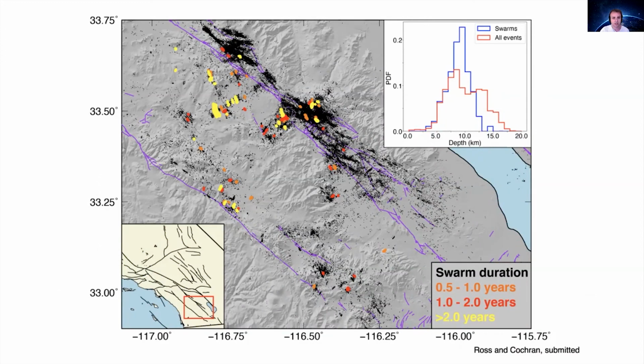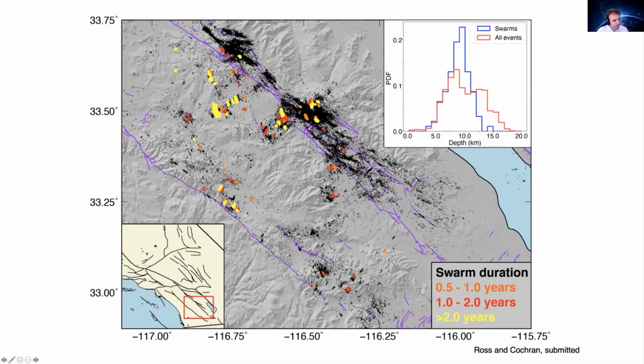They're all colored here. The sequence I've spent this lecture talking to you about is right here, this yellow one. And all these other ones in nearby areas are also exhibiting similar types of behavior. And so I think together, what we're learning here is that this actually seems to be a quite important mechanism for transporting fluids through the crust in a very episodic manner.